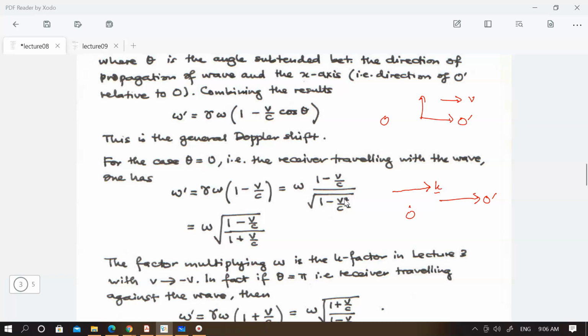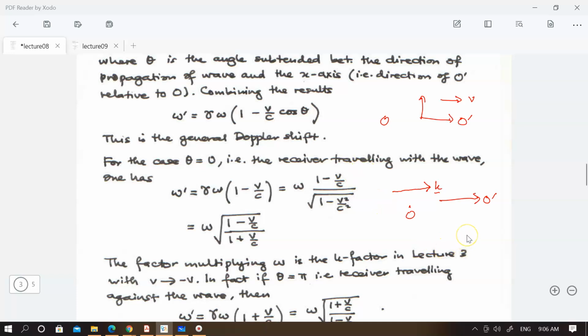And from this particular relation, we get gamma omega, and then cos theta equals 1, with theta equals 0, and then your omega is given by multiplication by some factor, which is essentially your k factor with this replacement.